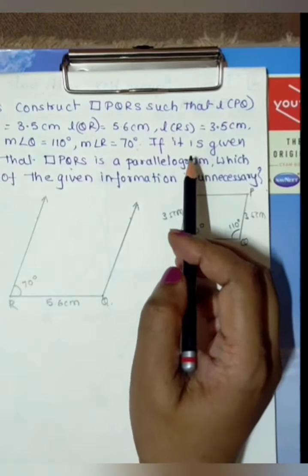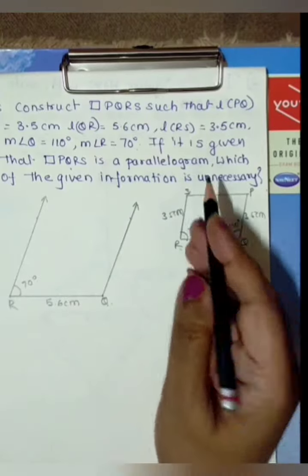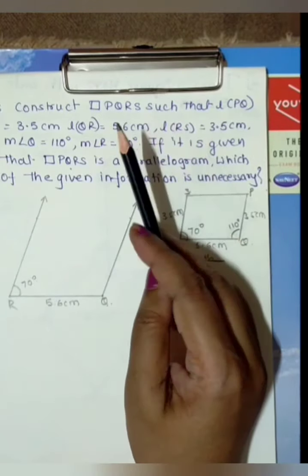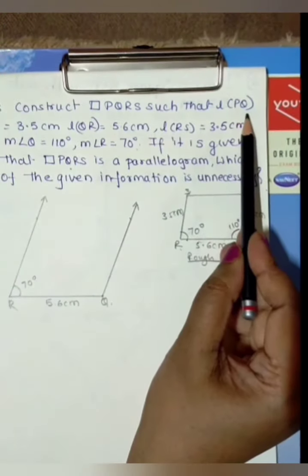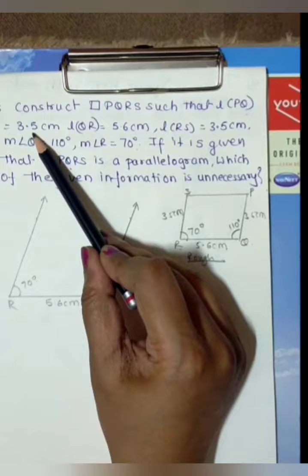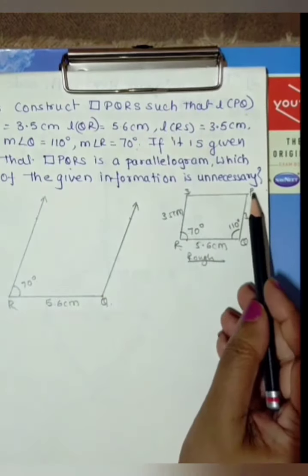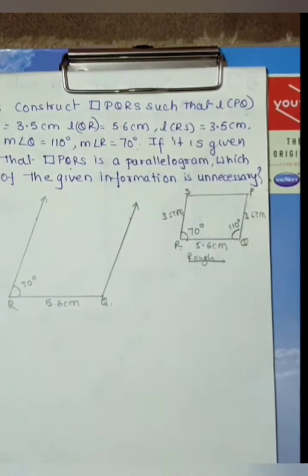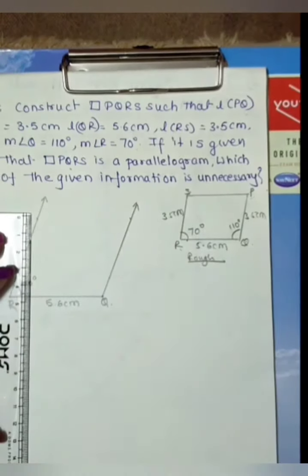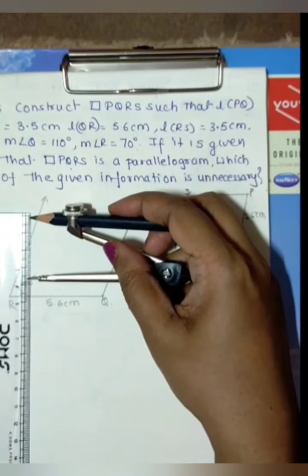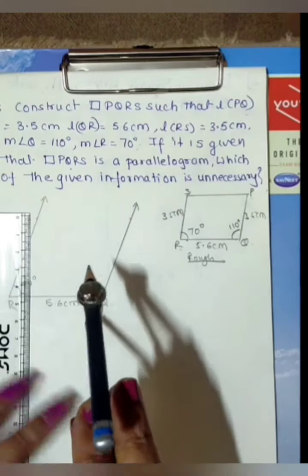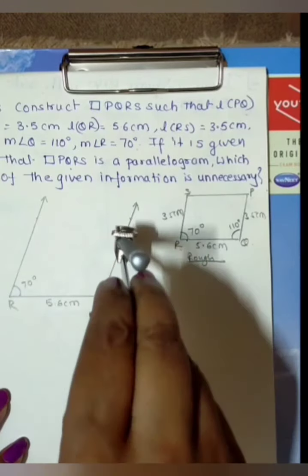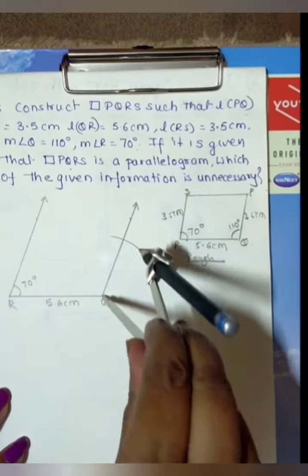And the sides are given. PQ is given 3.5 centimeter. PQ means this side will come. So first we will take 3.5 centimeter with the help of this compass. We have taken 3.5 centimeter, so now I am going to draw one arc here.